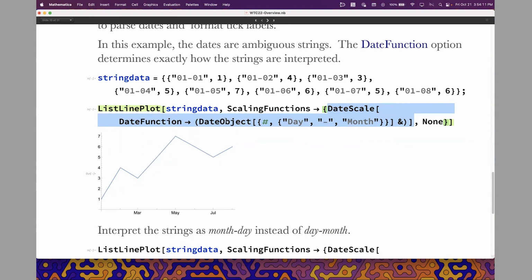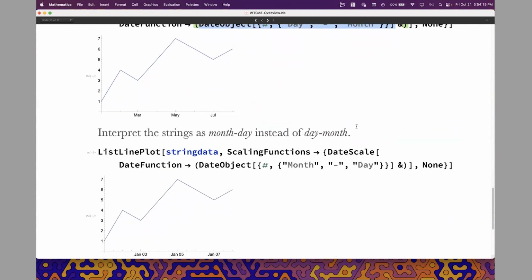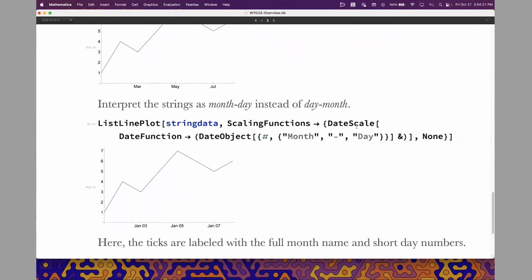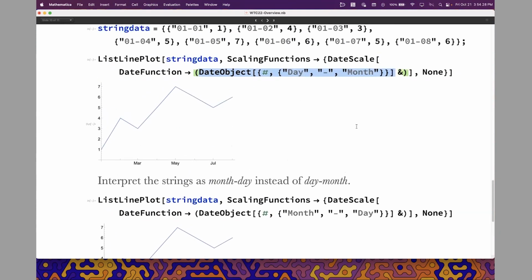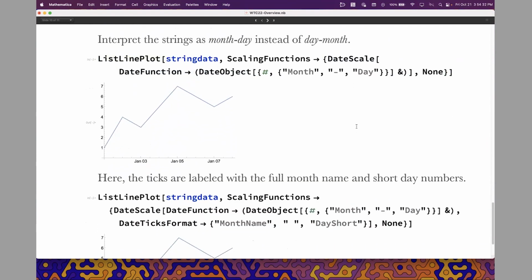And so date function is saying that we're going to interpret this as day, month. If I swap the input in that specification, then it becomes month, day. The curve looks the same, but the axis is different and the interpretation is different.